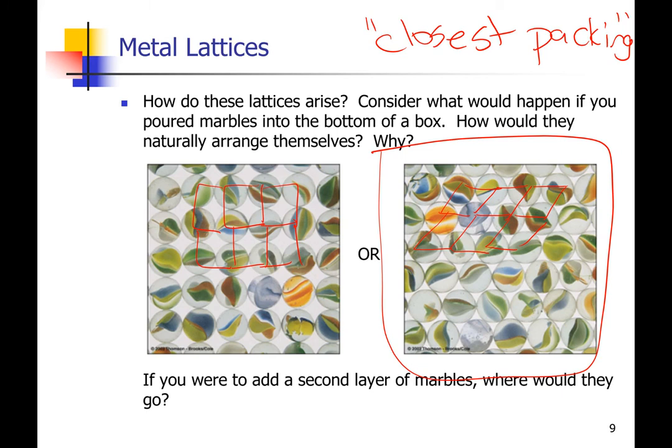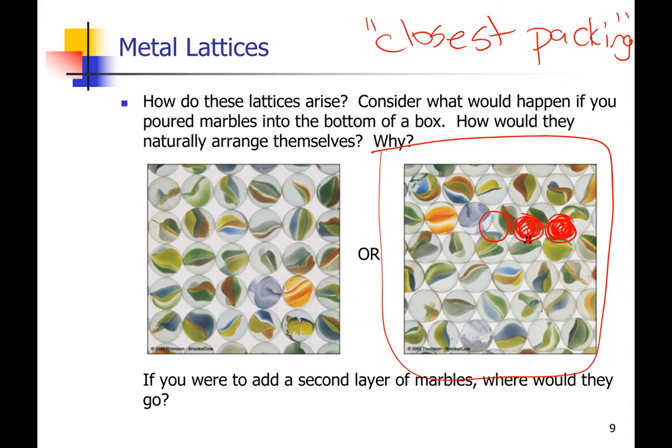Now, if you were going to pour a second layer of marbles into your box and they were going to sit on top of these marbles, where is the second layer of marbles going? Well, the second layer isn't going to sit perfectly and immediately on top of the first layer because that's where the bumps are. Those marbles are going to fall down into the gaps, sitting in the holes, the little divots created by the first layer of marbles.